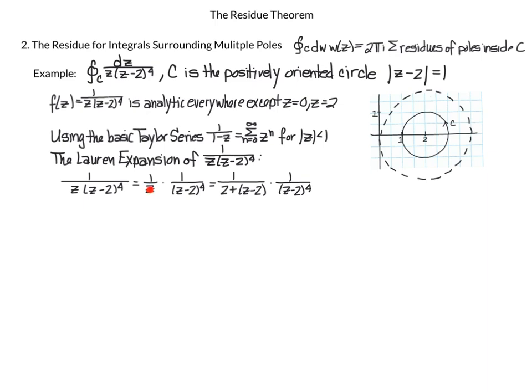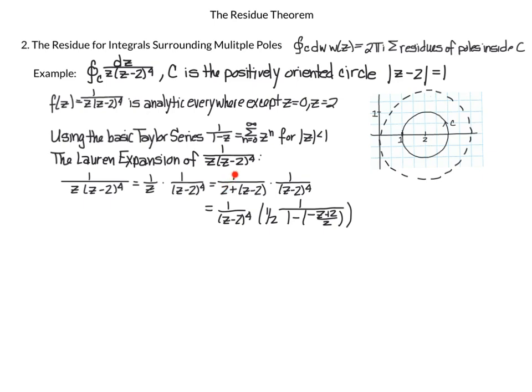If I want it centered at 2 over here, I can subtract 2 to get z minus 2, but I'll have to add 2 over here. This form is a lot like what we had done in our previous video when we were writing Laurent series. So here we have a simple function of (z minus 2) that we could substitute for the z in the Taylor series, but we need this 2 to become a 1.